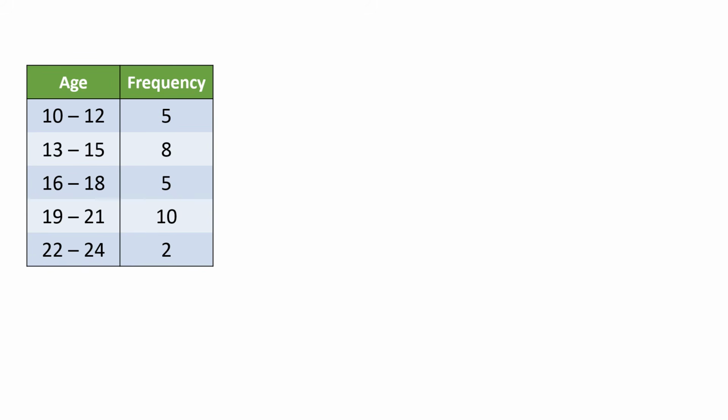It means there are 5 participants ranging from 10 to 12 years old. But we don't have an idea which of these are these 5. Either there are 5 10s, or some are 10, some are 12, some are 11, so we don't know.